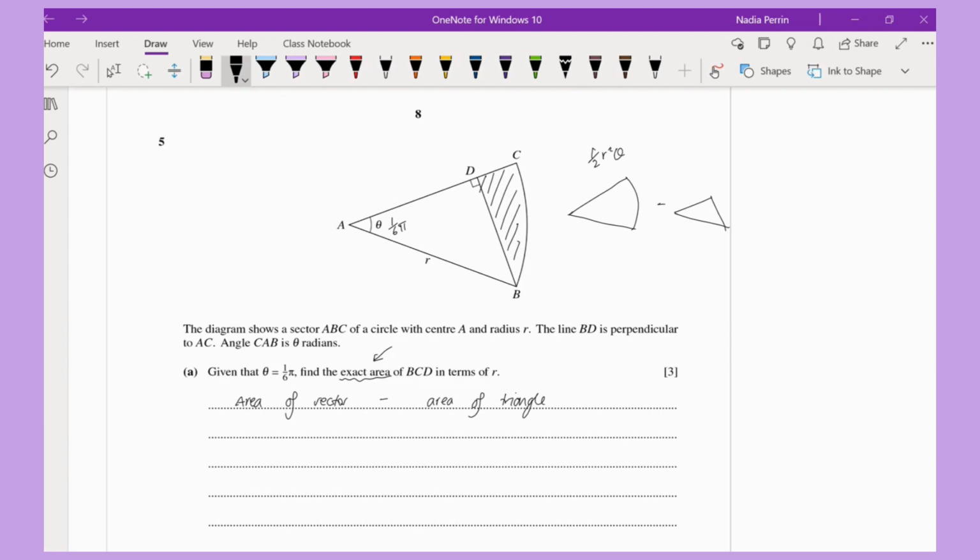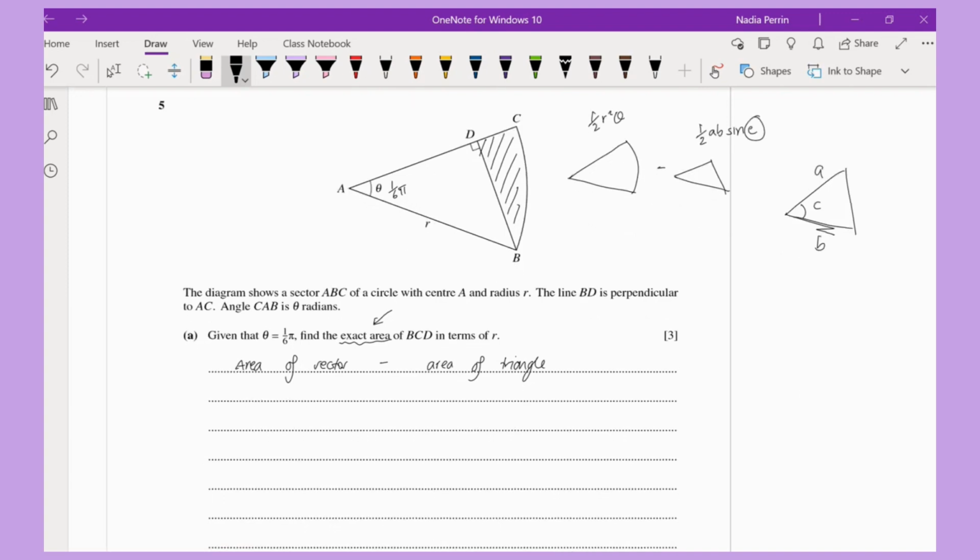You can use half base times height. I'm going to be using half AB sine C, which is not on your formula sheet, but it's just so useful to remember. The main thing with this one is that the formula only works if the C is between the A and B. So it works when you have the angle between the two sides you're looking for. So a good formula to know for circular measure.